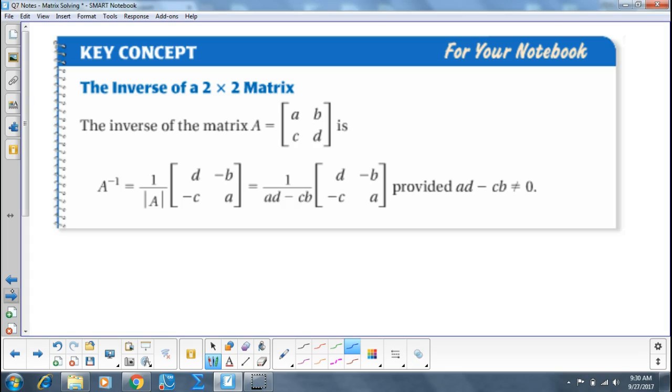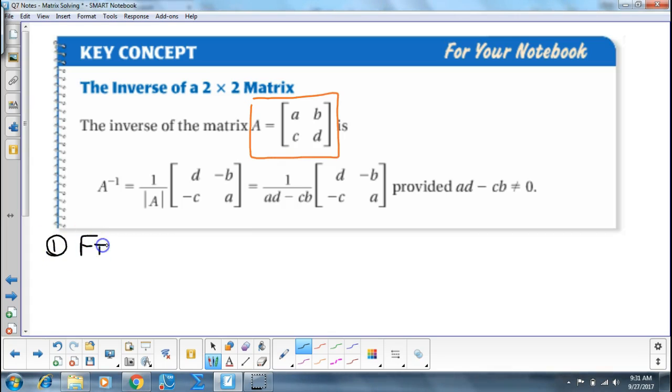So, to find the inverse of a 2 by 2 matrix, we're going to start with matrix A. Matrix A is a 2 by 2 matrix, and right now we're just going to call it ABCD. First row is AB, second row is CD. So, the very first thing that you should do is you should find the determinant.